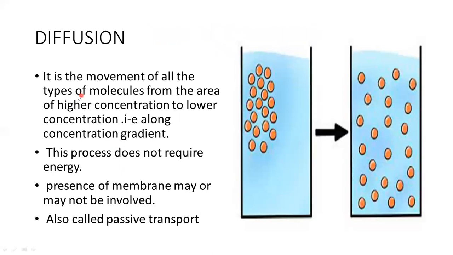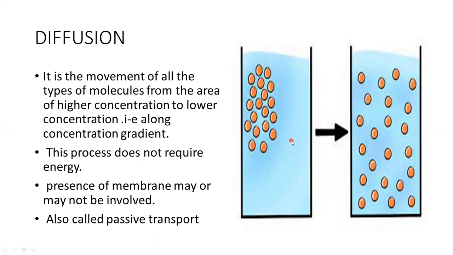So diffusion is the movement of all types of molecules from an area of higher concentration to an area of lower concentration, that is, along the concentration gradient, or you can say down the concentration gradient. This process doesn't require energy. Presence of a membrane may or may not be involved. It is also called passive transport.